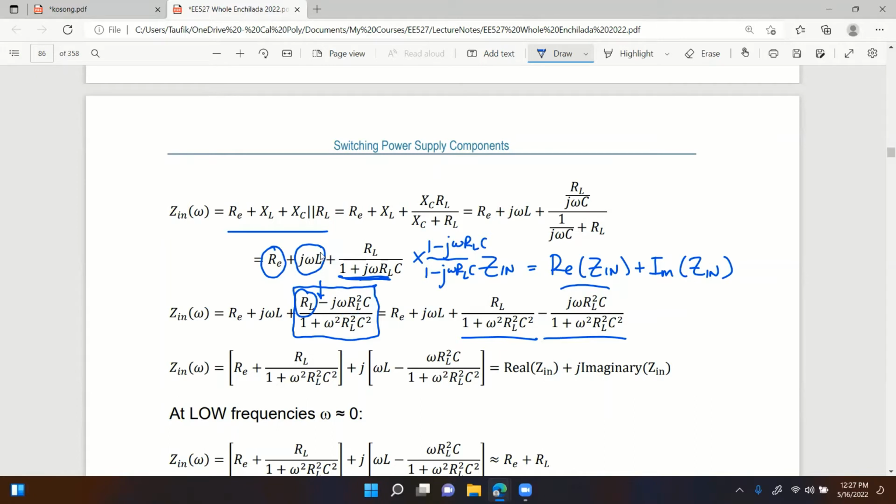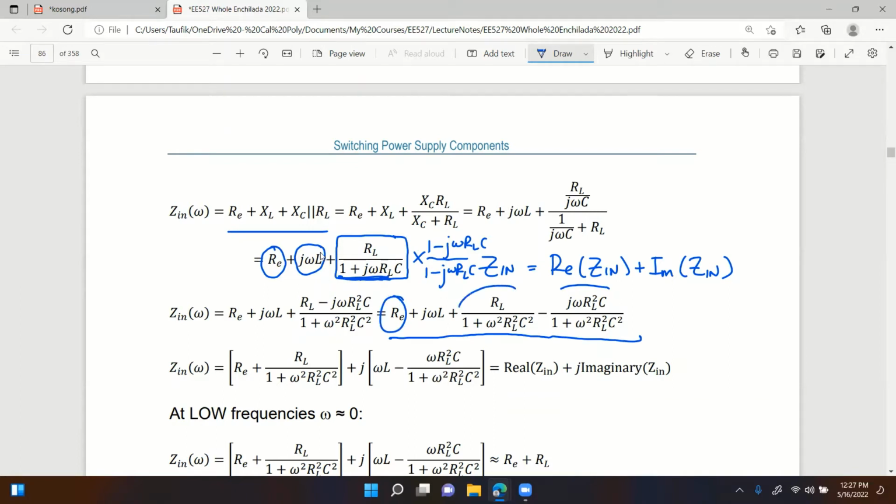So that's the process of separating real part from imaginary part for a term that has complex number at the denominator. I just simply multiply top and bottom by complex conjugate. Now, in this equation right here, I could clearly see which part of the input impedance would be the real parts, which ones would be the imaginary part, right?